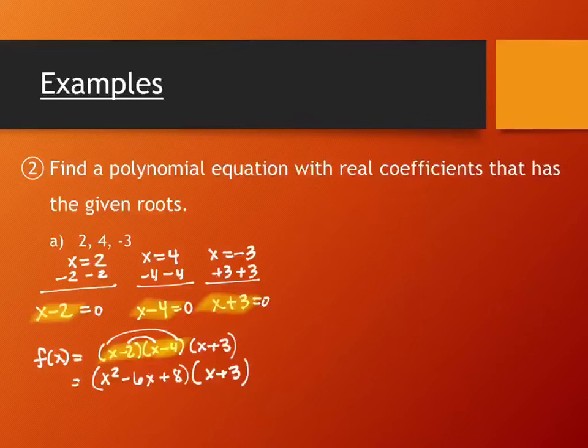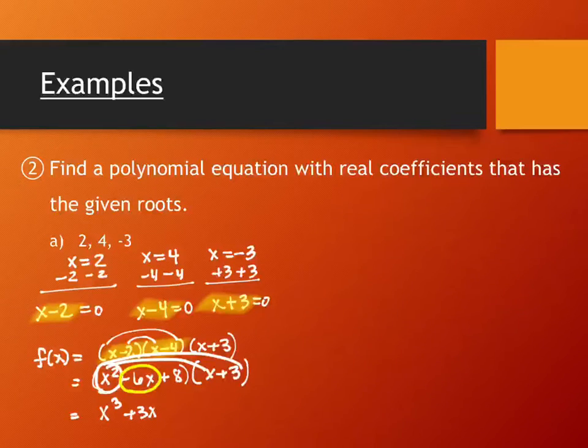There's no fancy FOIL for this. We actually have to distribute one piece at a time without a fancy acronym. But it's okay. I'm going to take x squared and distribute it to the x and to the 3. That's how I do mine anyway, to keep track of them all. So x squared times x is x cubed, x squared times 3 is 3x. And then I'm going to do the same thing with the next term.